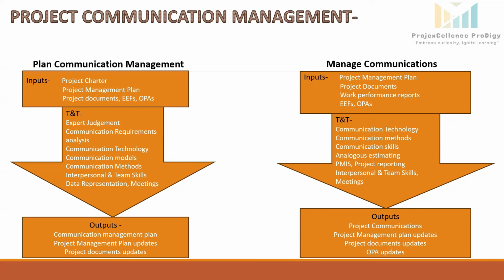EEFs: factors like company culture, communication tools, policies, and geographic distribution will influence the communication strategies. Organizational process assets: corporate policies, past project lessons, and standardized guidelines will help streamline the communication.